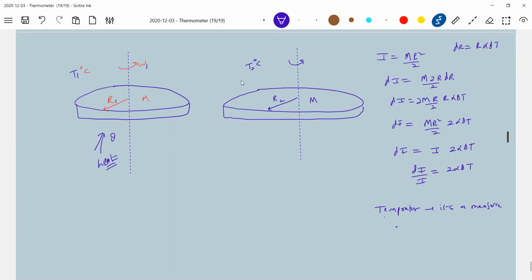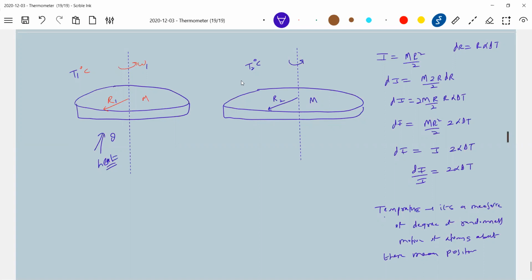It's a measure of the degree of randomness of motion of atoms about their mean position. If more randomness is there, the temperature is said to be higher. This is the modern definition.